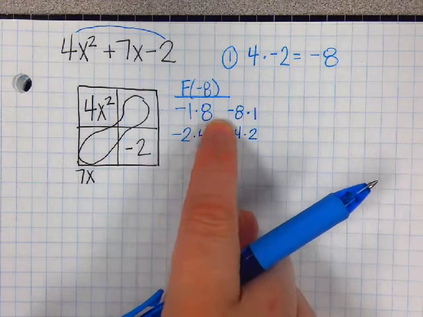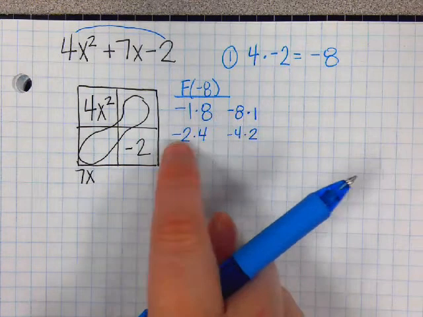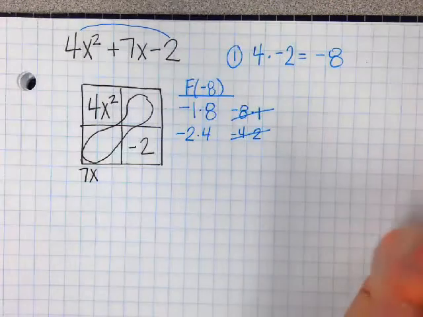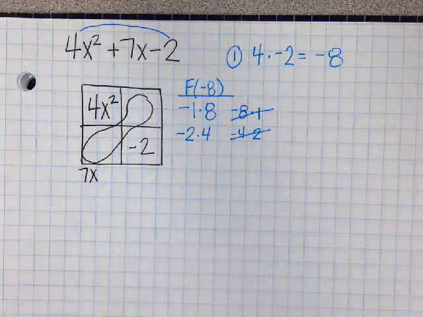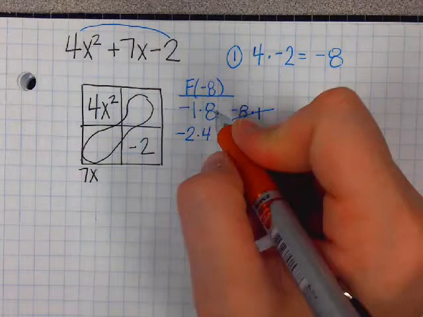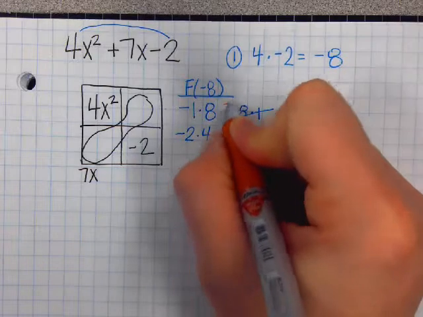So remember, for your adding and subtracting, since this term is positive, then your bigger number has to be positive, because negative 1 plus 8 would give you a positive number. Negative 2 plus 4 would give you a positive number. So we can automatically cross those two out.